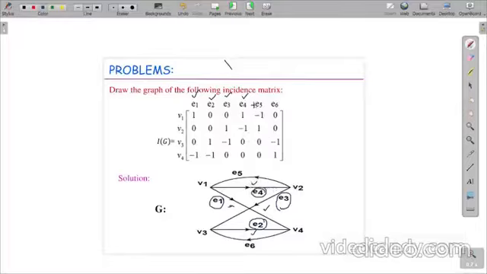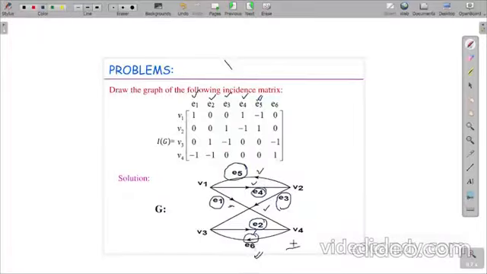Edge E5 connects V2 and V1, direction towards V1. And edge E6 connects V3 and V4, direction towards V3. That is done. So this is the procedure.